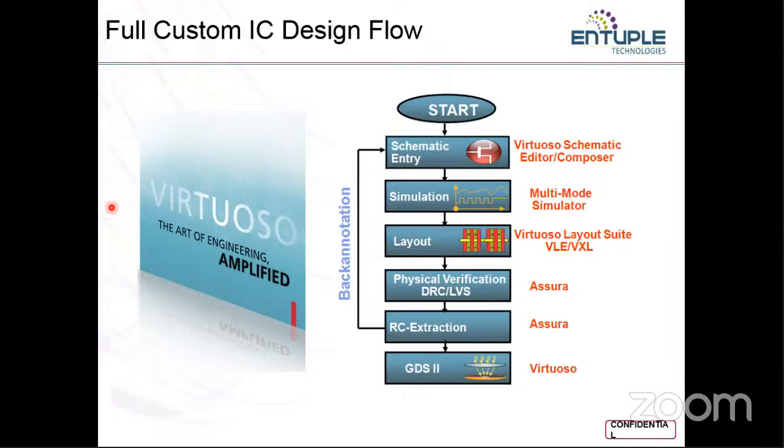Once you have completed your layout, you move into the physical verification part. Each and every technology node will have its own set of rules for each and every layer. In layout, you'll be working on a metal layer, a polysilicon layer, because you would have gone through the P stub or N stub process.